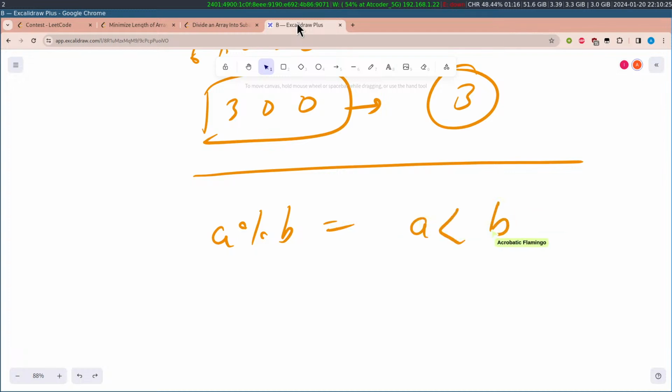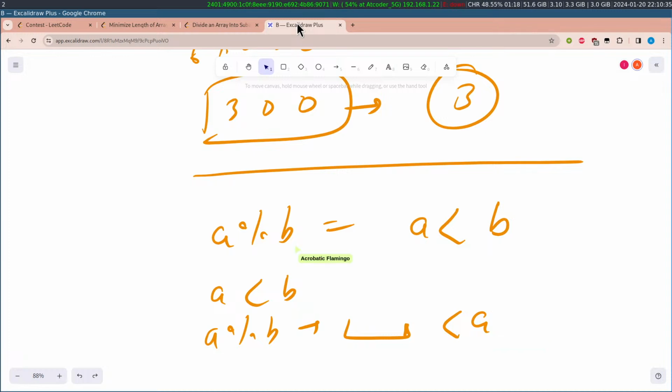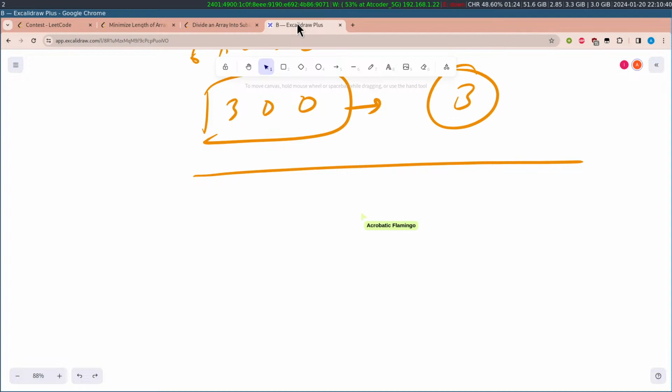The key idea for this problem was observing what the value of A modulo B is.